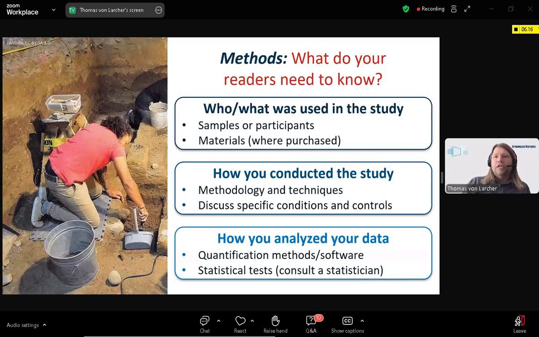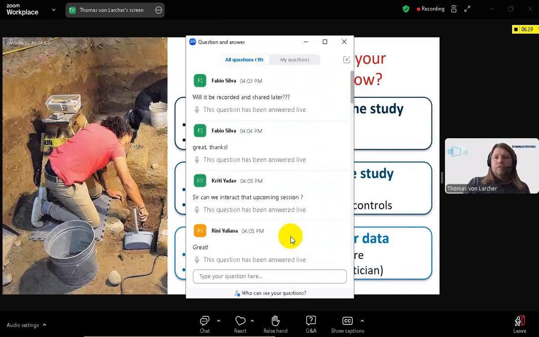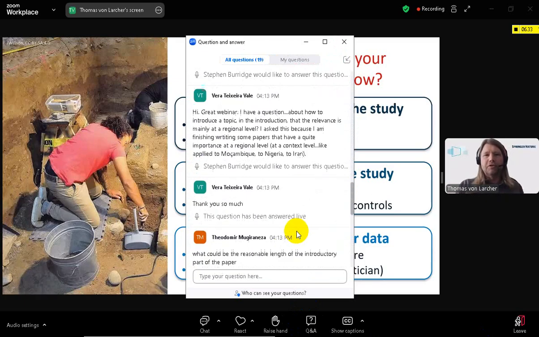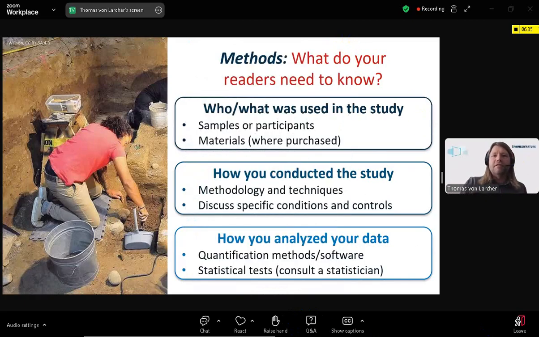And if you are unsure how to describe the statistics, you can also consult an expert and ask them to help you to write or to describe the statistical tests that you have done.